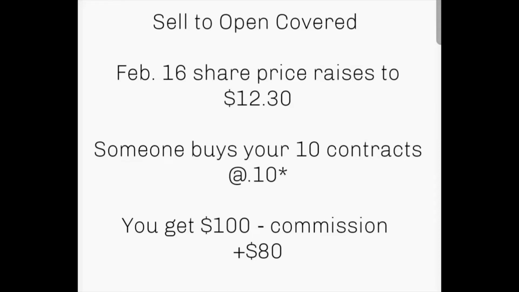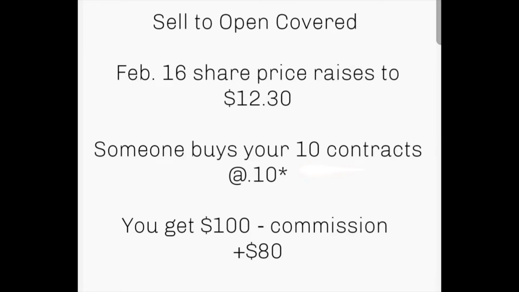Okay, so let's say a few days after you've written your contracts and put them in open interest, the share price for Ford rises to $12.30, and it just keeps on going in an upward momentum. So on February 16th, someone decides to buy your 10 contracts. We're just going to use 10 cents here as an example. You can see I got a star beside it.